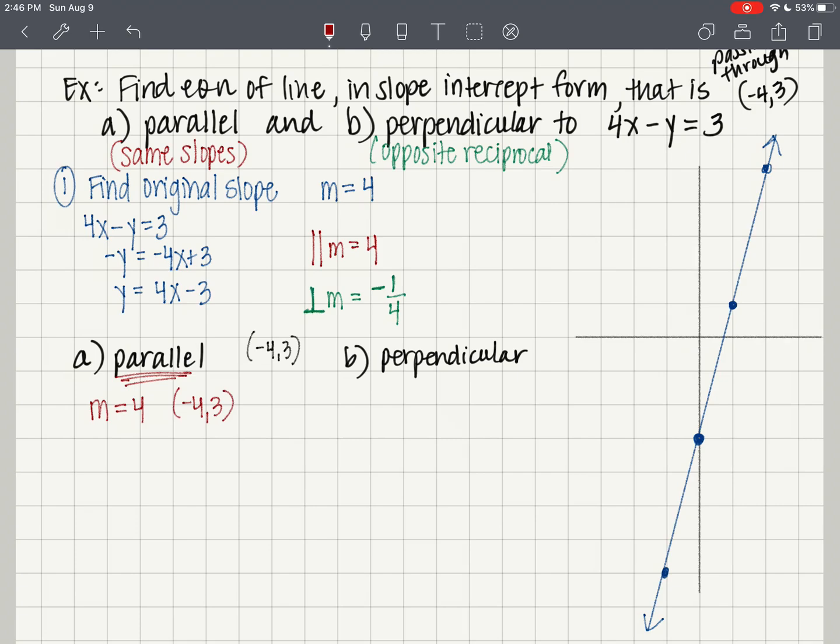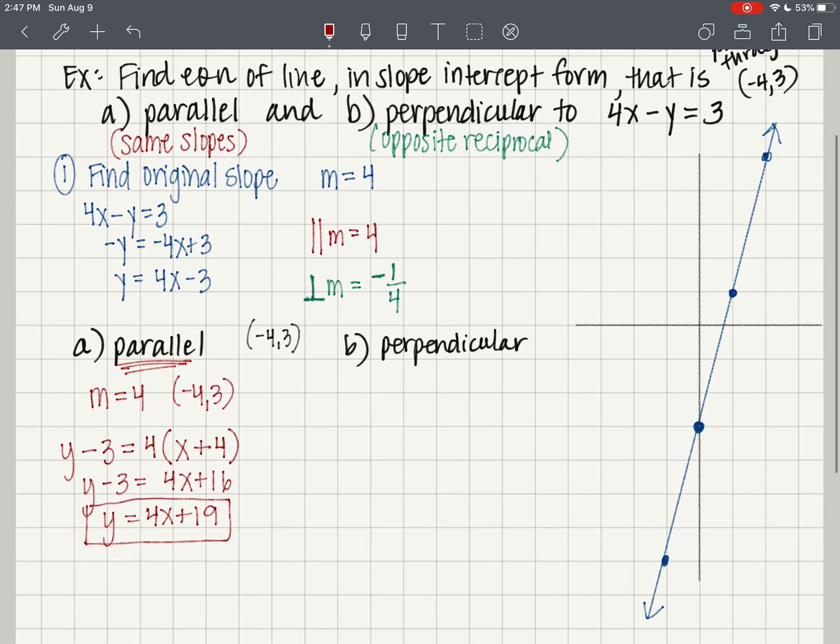I'm going to use point slope form: y minus 3 is equal to the slope times x minus -4, so that will be x plus 4. Y minus 3 equals 4x plus 16. We add 3 to both sides, and y equals 4x plus 19, our answer in slope-intercept form.